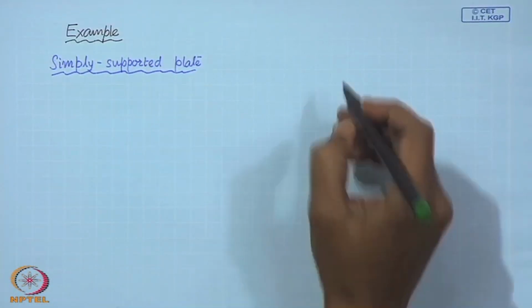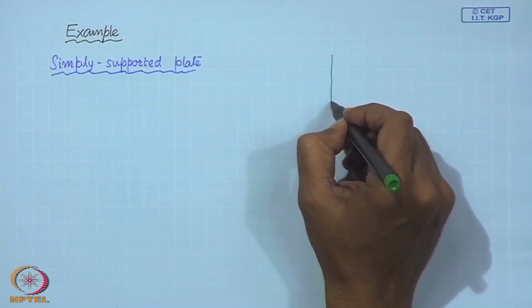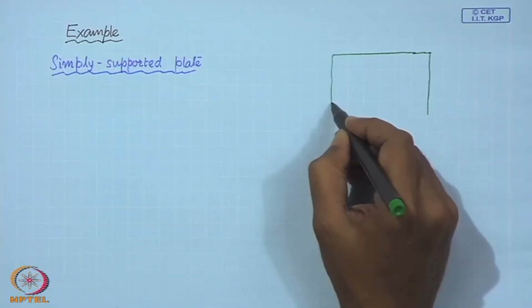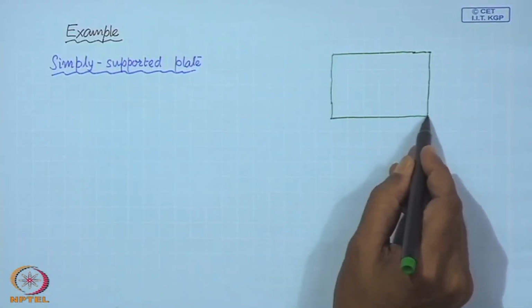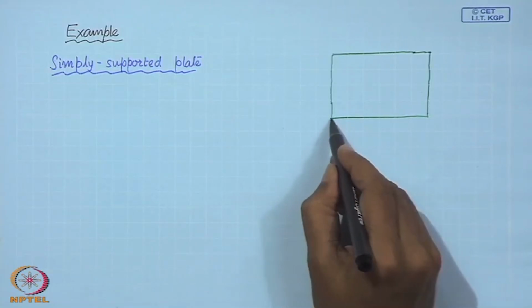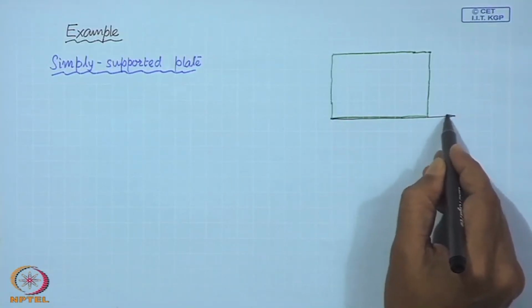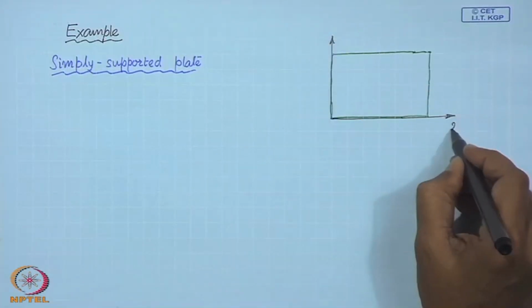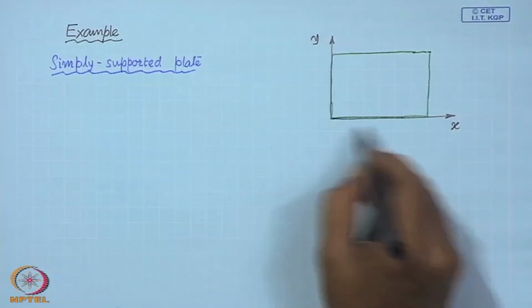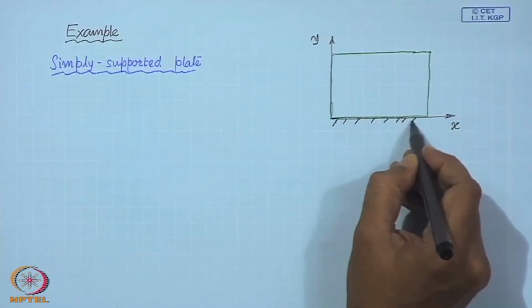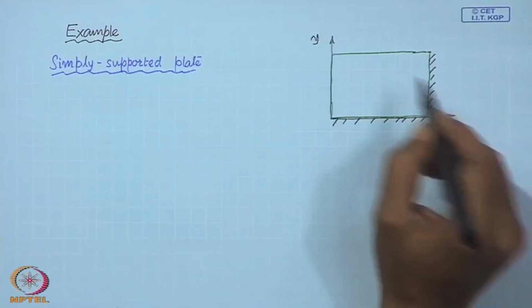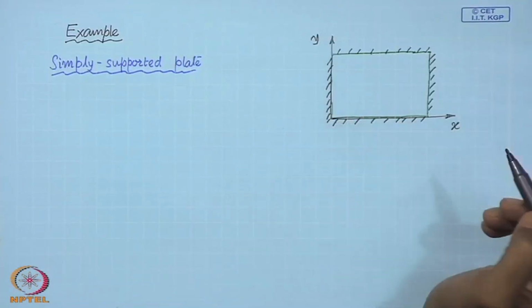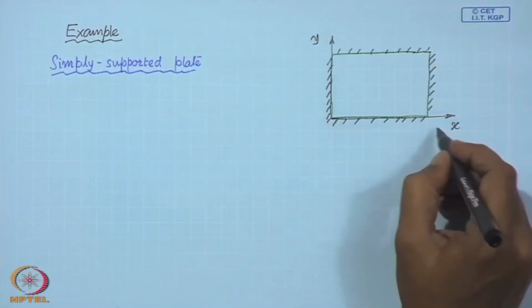So, let us consider a plate which is simply supported on all 4 boundaries.